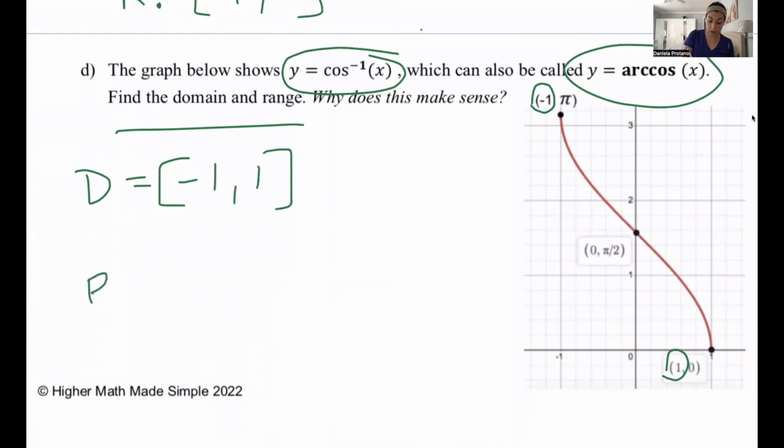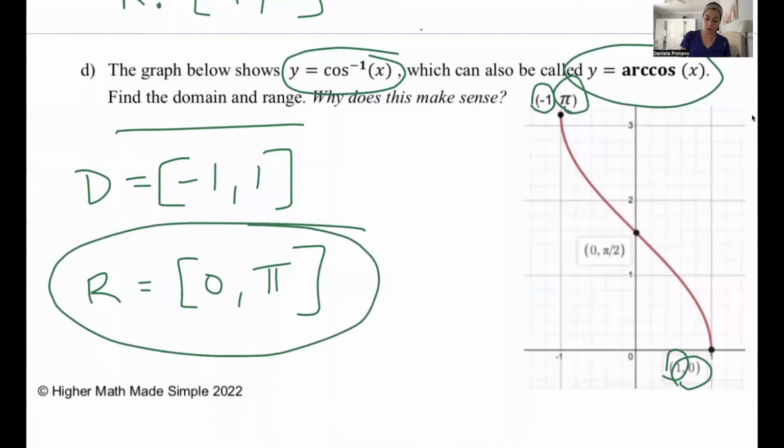That was actually the range of the regular function. And then the range now is between 0 and pi. And this was actually the domain of the original function. So whenever you plug in values inside the arc cosine function, your answer better be between 0 and pi.